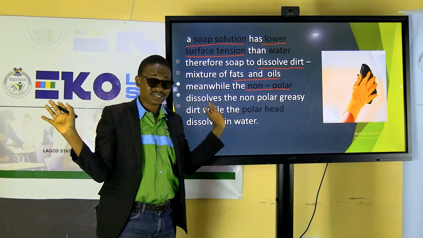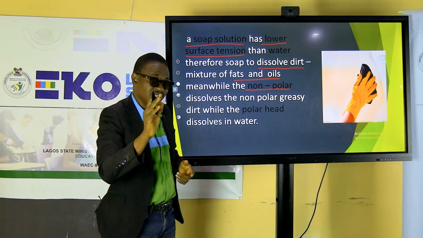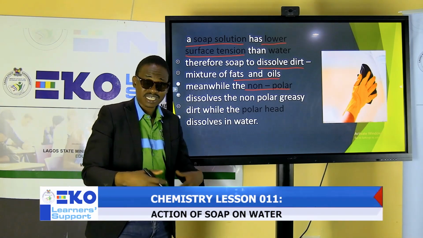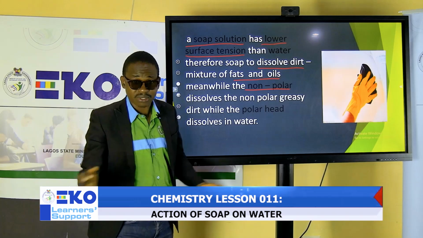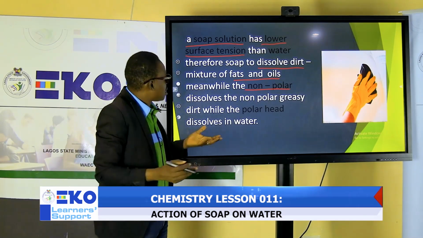They don't contain ions. It's the one that goes straight to the oil. Because the oil too has no positive and negative charge, so they are basically called non-polar molecules.